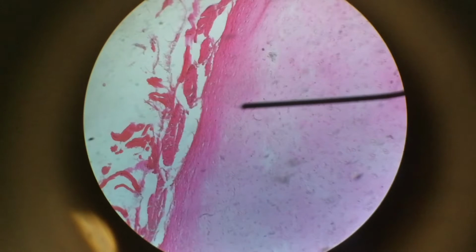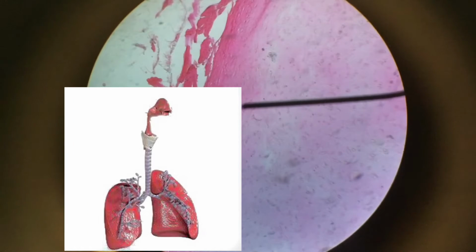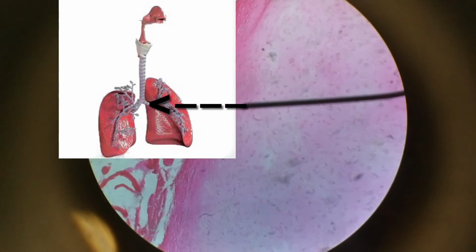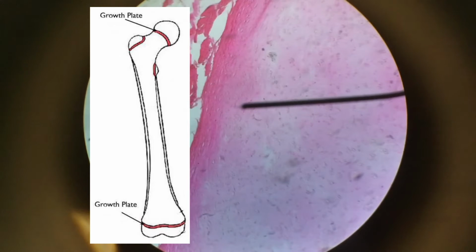In adults, the hyaline cartilage is located in the articular surface of the movable joints, in the walls of the larger respiratory passages like nose, larynx, trachea, bronchi, and in the ventral ends of the ribs, known as the costal cartilage, articulating with the sternum, and in the epiphyseal plate, also known as the growth plate, where the longitudinal growth of the long bones takes place in the cartilaginous bone.